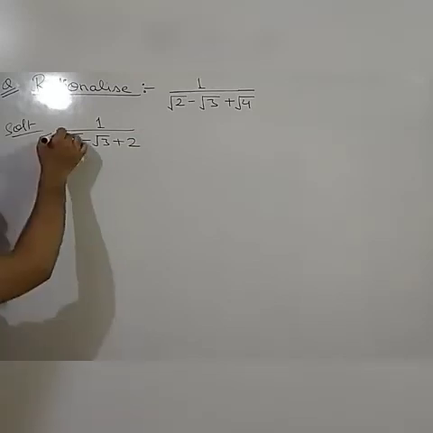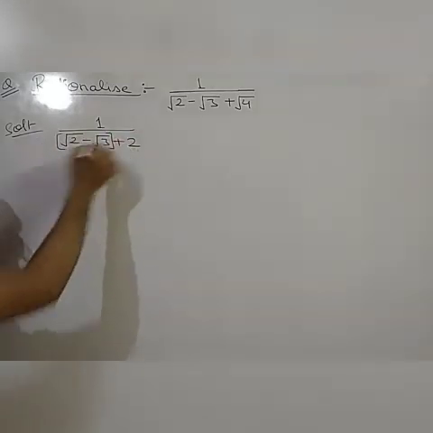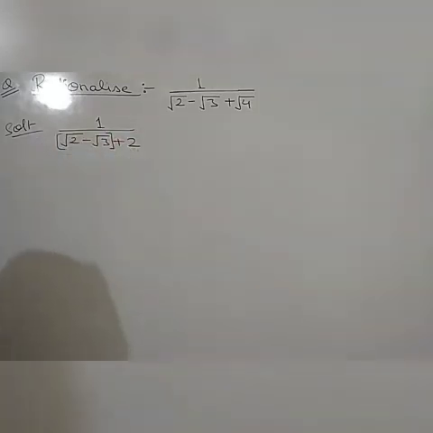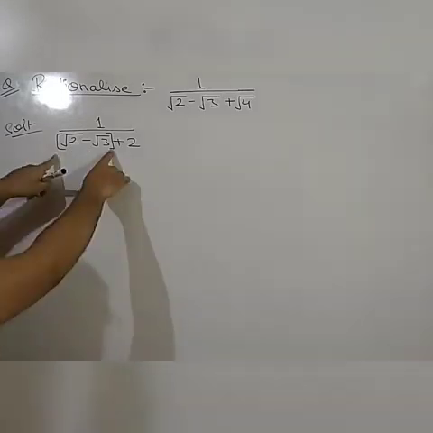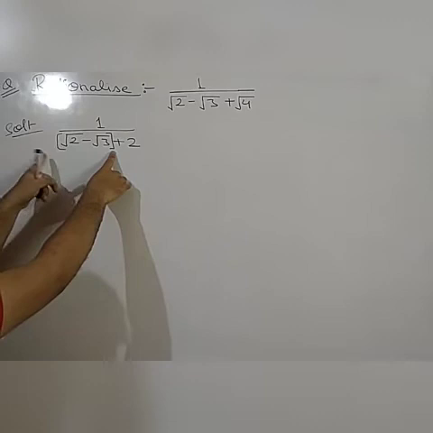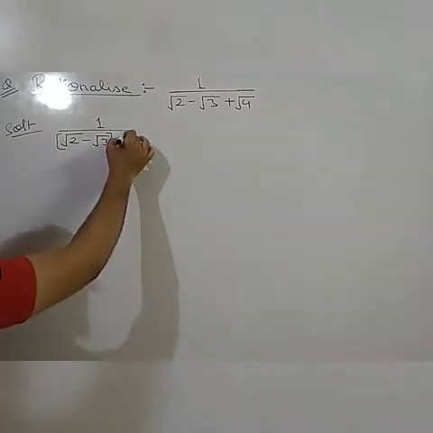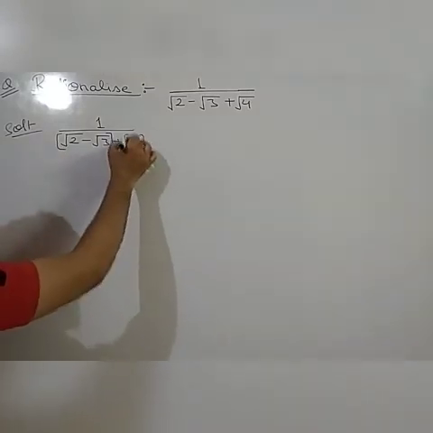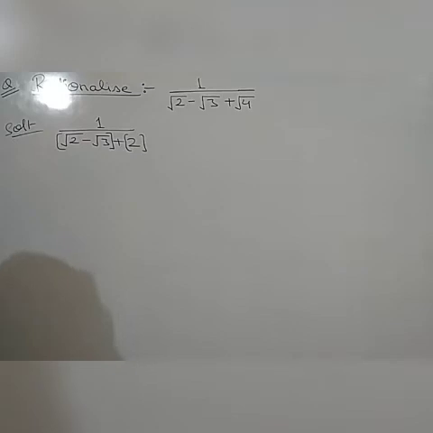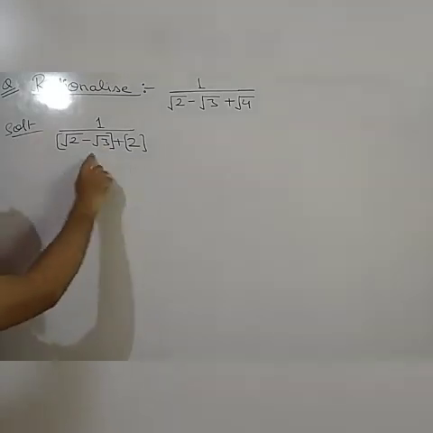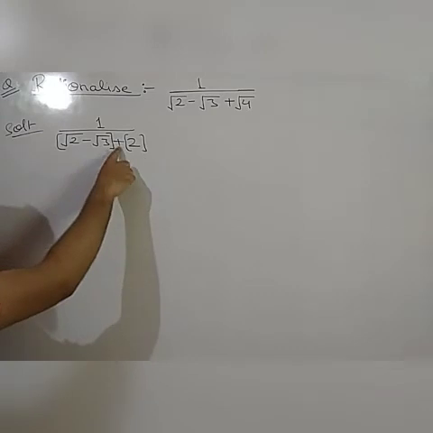Suppose we have taken root 2 minus root 3 together. Take two terms together, use the bracket. So we kept root 2 minus root 3 in a bracket, and this 2 in another bracket. This term is different. Now the sign between these two brackets is positive.